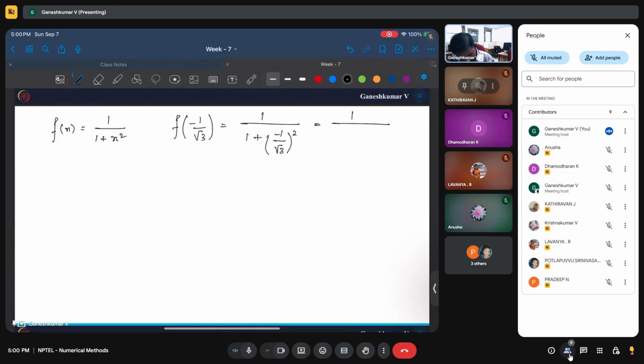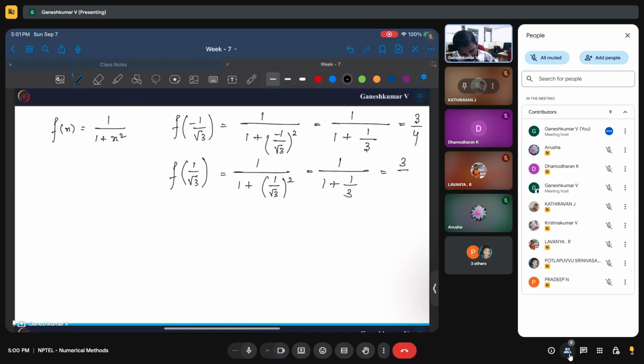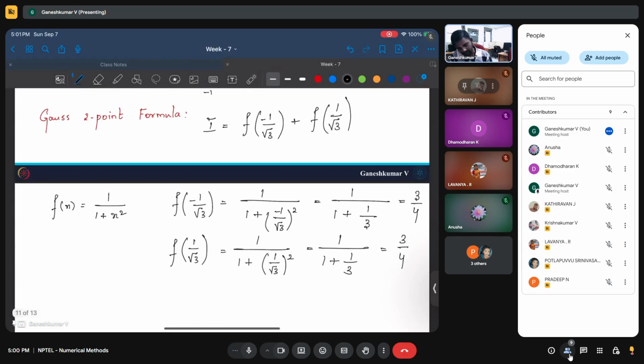It's going to be 1 divided by 1 plus 1 divided by 3. Okay, this is going to be 3 plus 1, 4, so it's going to be 3 by 4. Similarly you can do for f(1 by root 3), and since there's a square, it's going to give you the same answer. So again it's going to be 1 divided by 1 plus 1 by 3, which is 3 by 4.